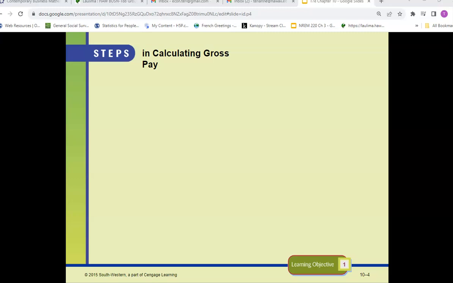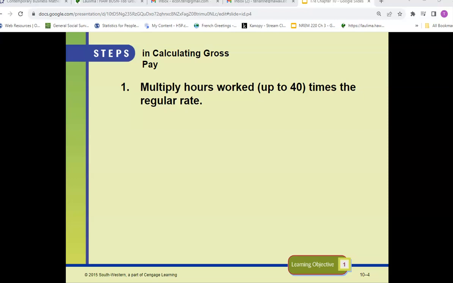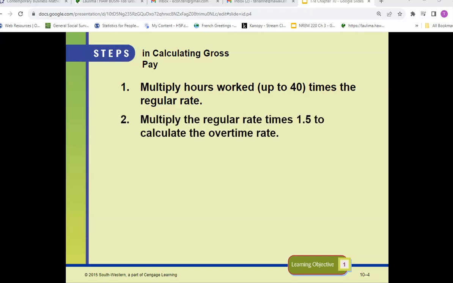Calculating gross pay is relatively easy. You'll first multiply the number of hours they worked, up to 40 hours, by their rate of pay. If they had any overtime, generally that is 1.5 times their regular rate.